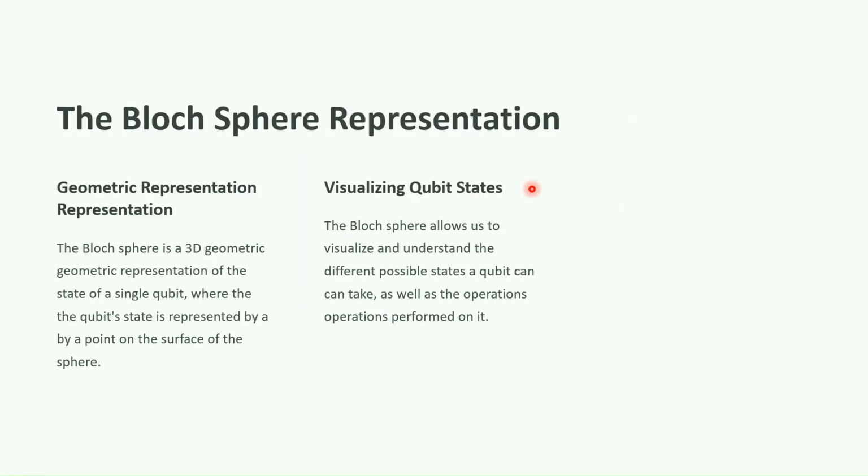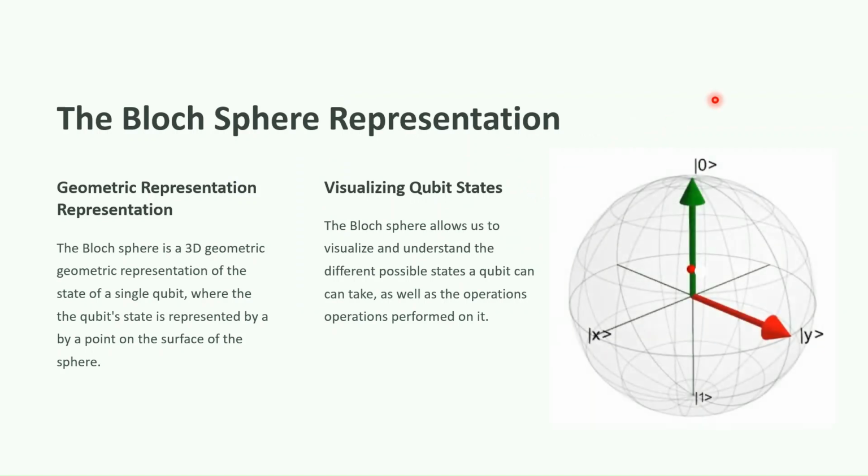Quantum states are represented by the Bloch sphere, which is a 3D sphere. This is the x-axis, this is the y-axis, and this is the z-axis. The north pole represents the zero state, and the south pole represents the one state.